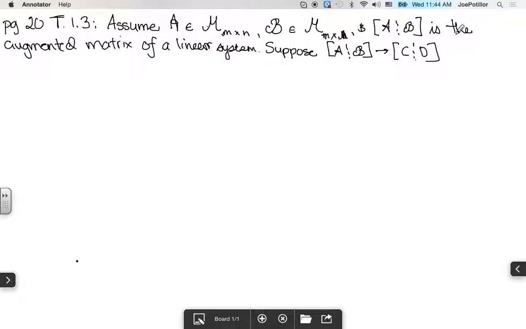So it converts into CD, where of course C is an element of M by N, and D is an element of M by 1. And the augmented matrix is in row echelon form.